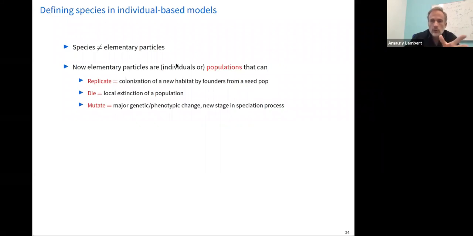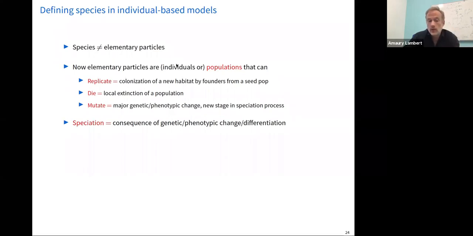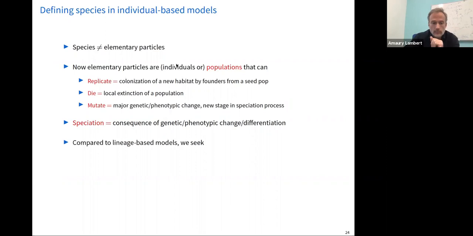So now mutations are not like single substitutions as we saw last week, but more think of mutations as a major genetic change or a new stage in the speciation process that gets the population closer to a new species. And now what I will assume is that speciation is just a consequence of these phenotypic or genetic changes and differentiation between populations.